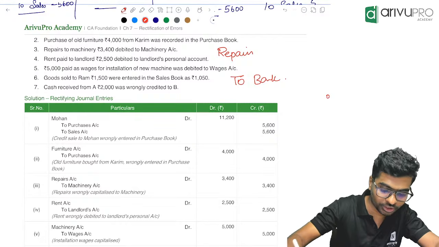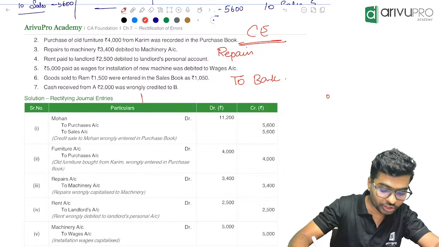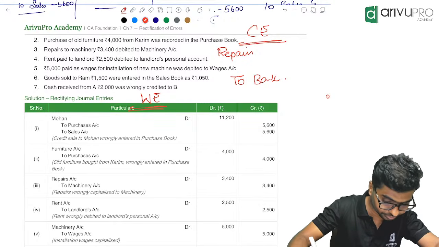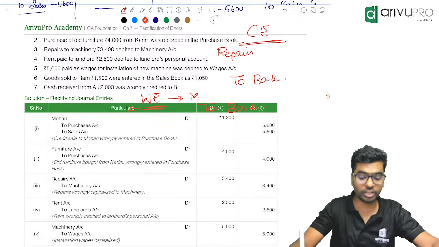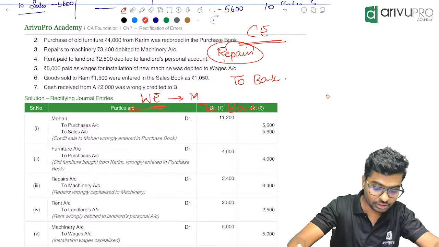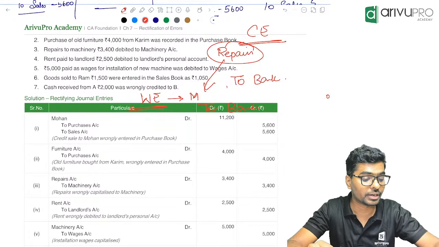Wrong entry is machinery to bank. So what will be your rectified entry? Repairs to machinery.